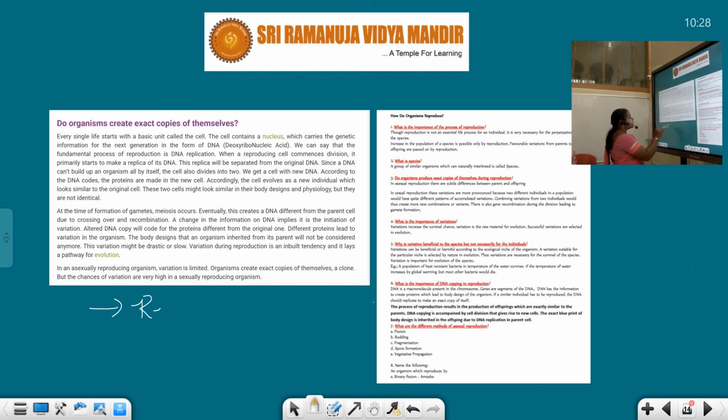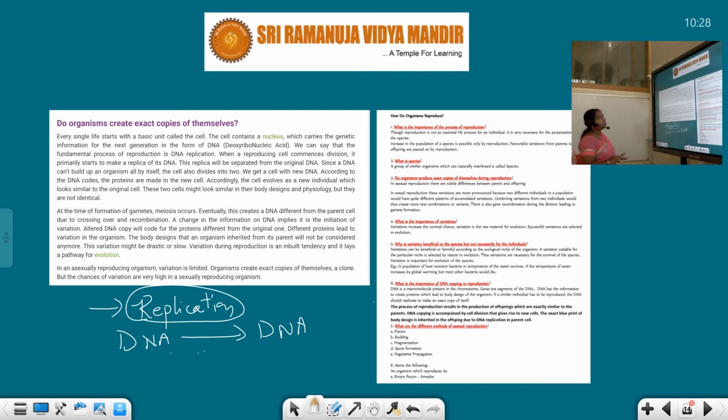Here DNA is duplicated into other DNA. The process of making DNA from DNA is known as replication. When a cell commences division, it primarily starts to make a replica of its DNA. Actually students, as you all know, DNA is a double helical structure.